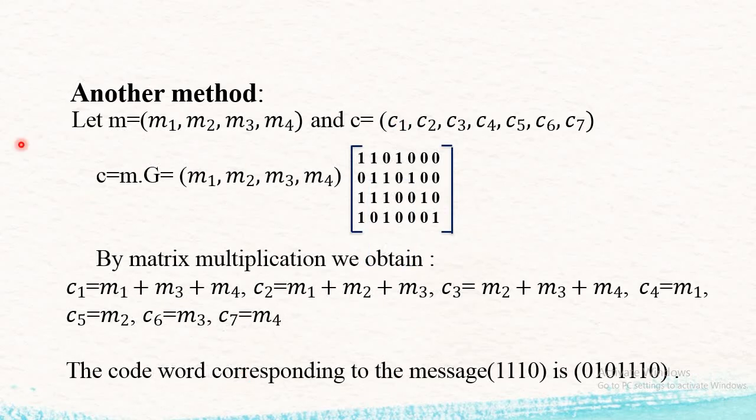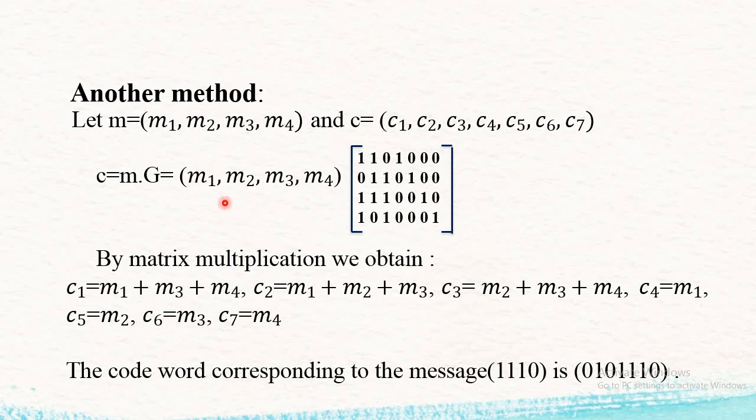Another method for getting a code word: let M equal M1, M2, M3, M4 and C equal C1, C2, C3, C4, C5, C6, C7. So what is your C? C is equal to M into G, where M is your message, M1, M2, M3, M4, which are the representation of your message bits.